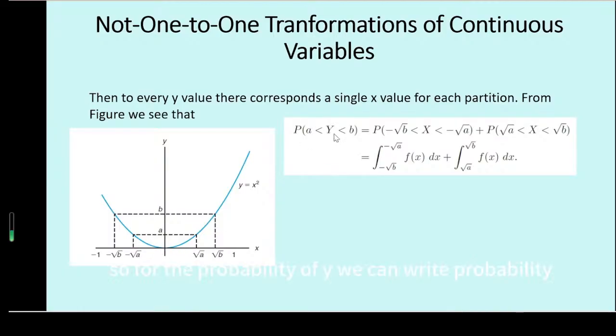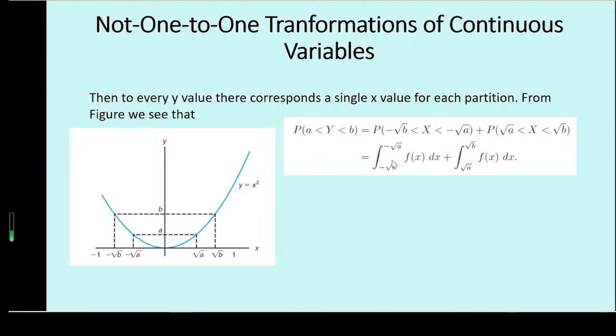So for the probability of y, we can write probability of y between a and b. We have to write two x probabilities, because for y between 0 and 1, for example, there are two x ranges, and these two x ranges have different inverse functions, which means different probability.